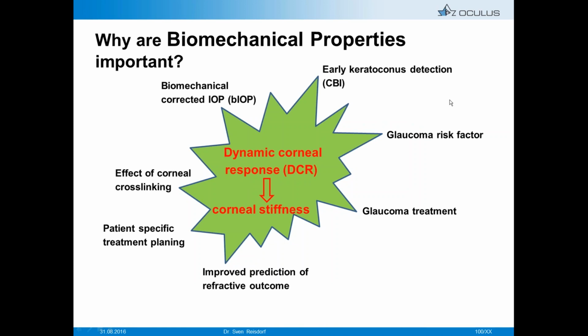It's also going to be important, we expect and hope, for picking up progression of ectasia and keratoconus and evaluating the effect of corneal cross-linking, because we think the biomechanical properties of the cornea should be measurably improved after corneal cross-linking. But we also have its applications in glaucoma and in predictions for other types of procedures.